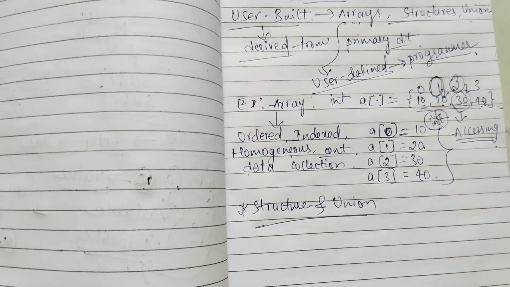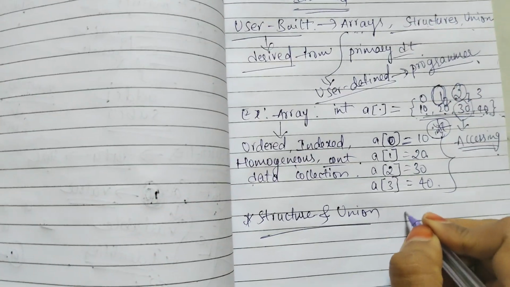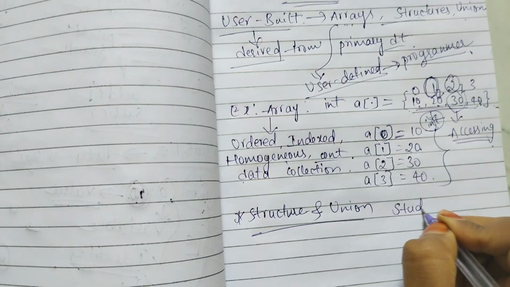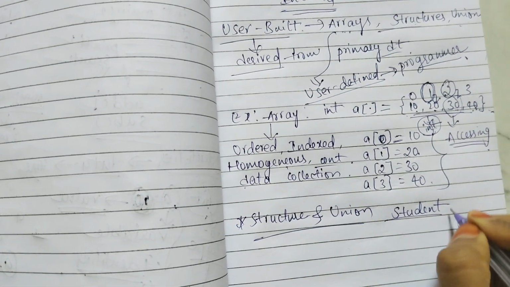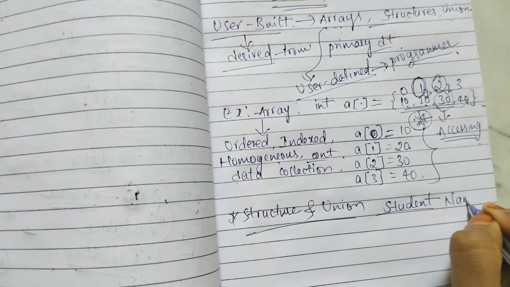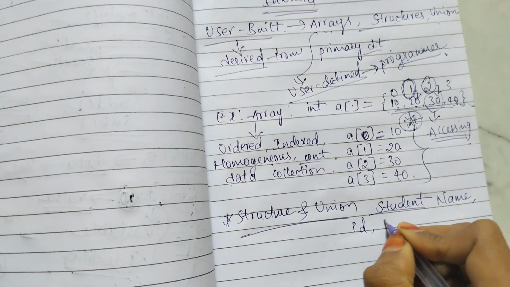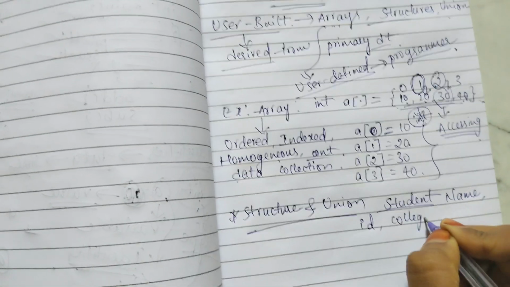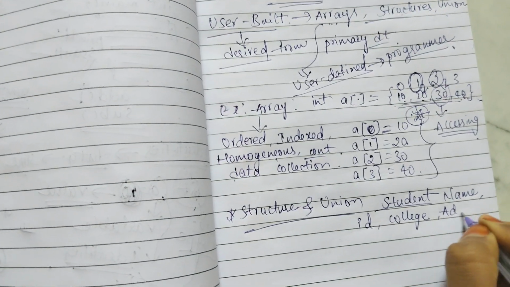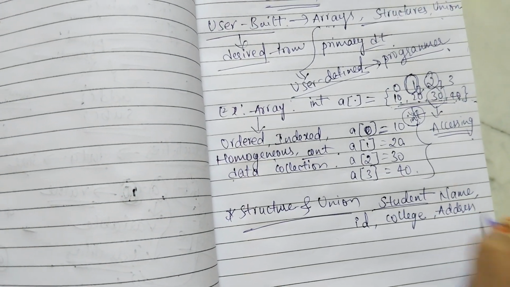For example, if I want to store all the details of a student, that might be student name, student ID, student college, student address, student number, student email.